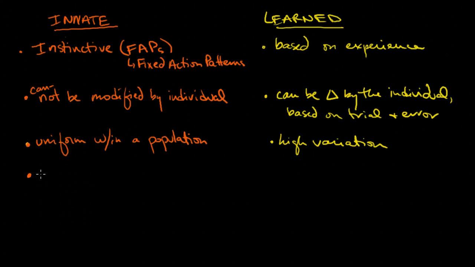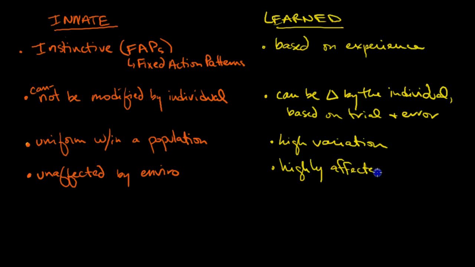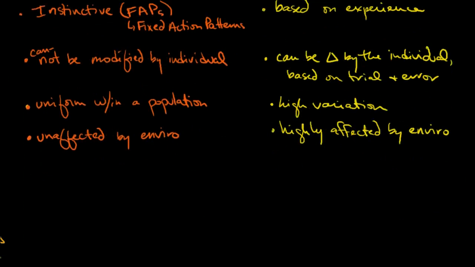Again, remember, it's based on an individual's experience. So individuals have different experiences. So this is also, as we said, unaffected by the environment. I'm going to abbreviate environment with enviro. And this is highly affected by the environment. The environment can shape different experiences for living things.